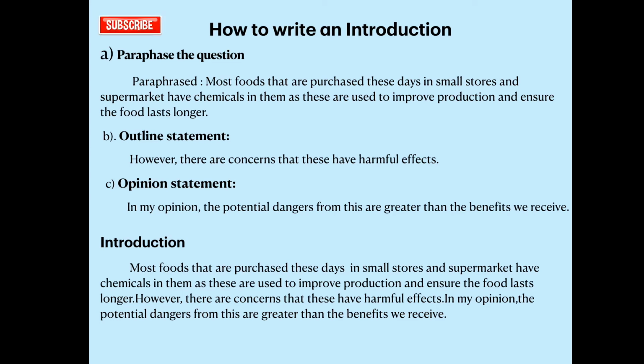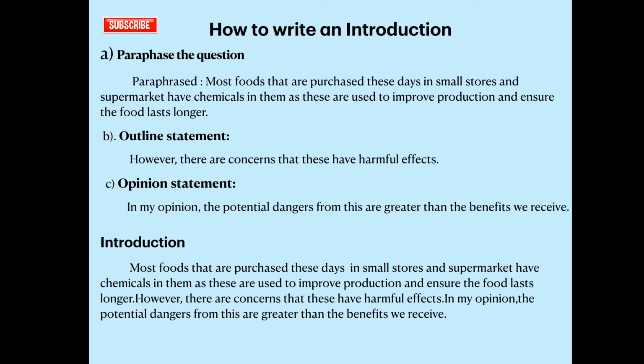Now that can be paraphrased as: most foods that are purchased these days in small stores and supermarkets have chemicals in them, as these are used to improve production and ensure the food lasts longer. So instead of preservation, we have used the food lasts longer. So we can use synonyms to change the words and give the same meaning. This is how we paraphrase the question in the first sentence.